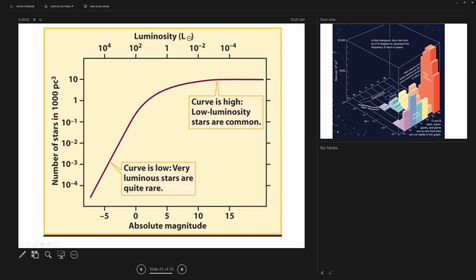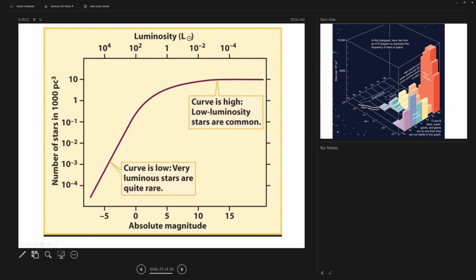And for stars that are not as luminous as the sun, stars that are dimmer, there are much more common. So you can think lower on this graph means less common, higher on this graph means more common.